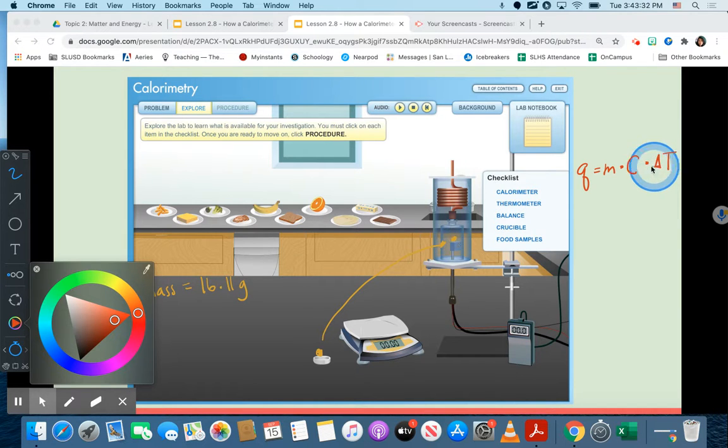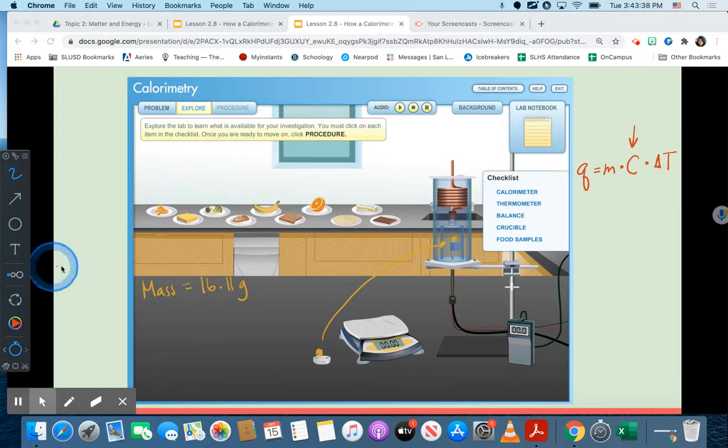This triangle just means temperature change. But if you are burning a whole bunch of different foods, you don't want to calculate the specific heat of all the chemicals in all those foods all the time. So because of that, we know that the specific heat of water is 1. So that's what we use.